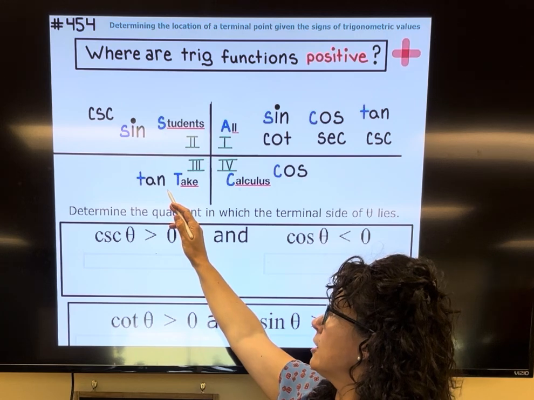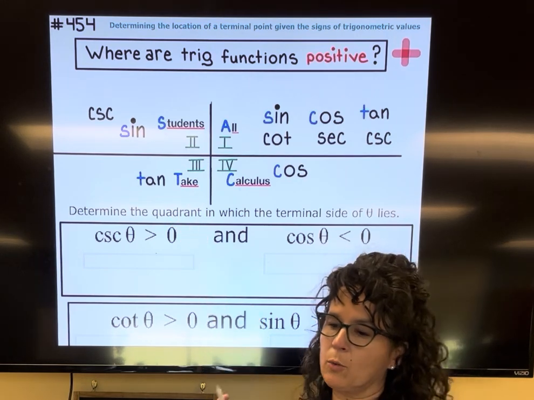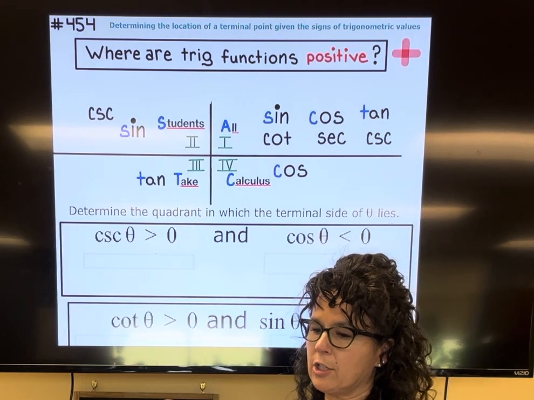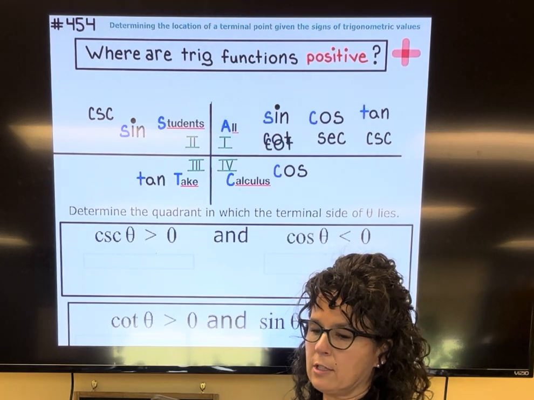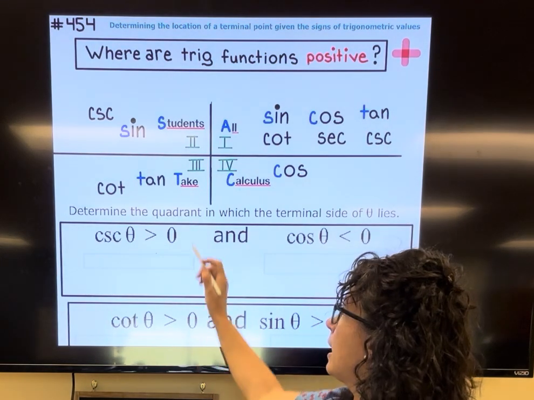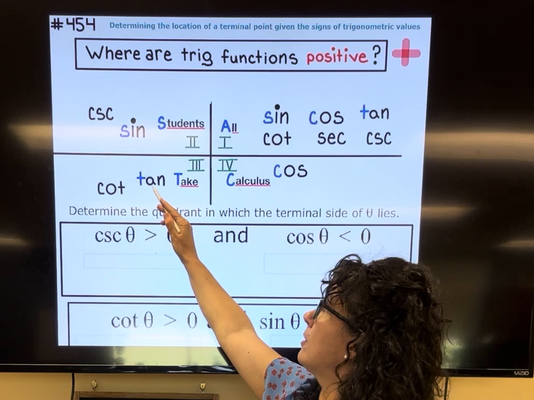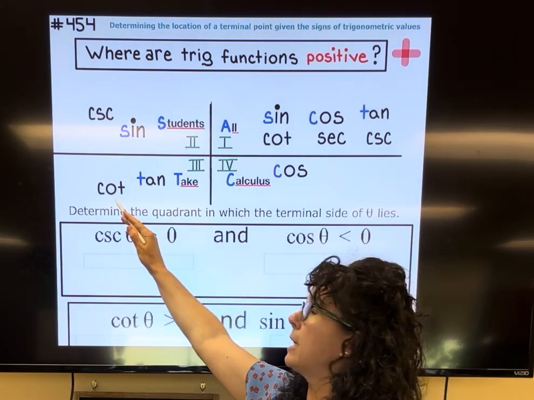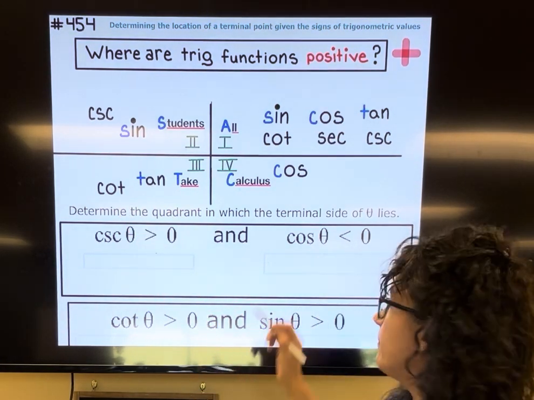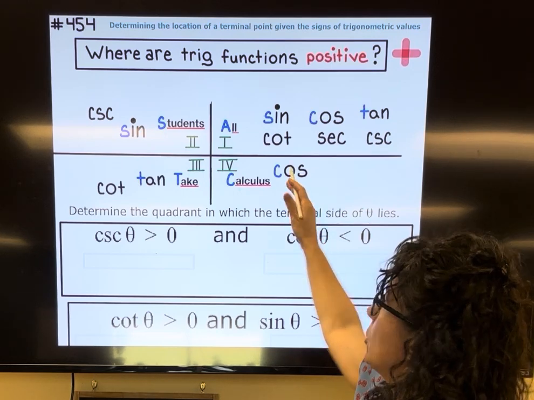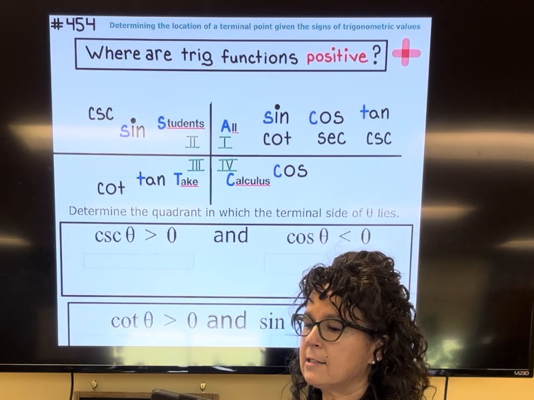Okay, then tangent is positive in quadrant 3, and the reciprocal function for tangent is cotangent. So implied there, if tangent is positive in 3, then so is cotangent. And then the reciprocal function for cosine is secant.